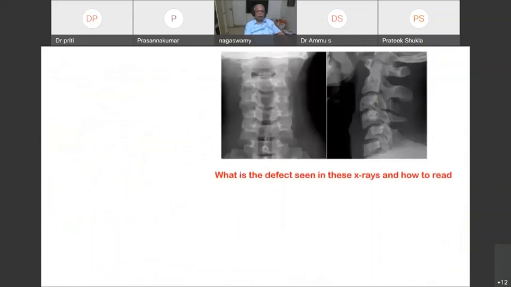The defect seen in these X-rays and how to read it. First of all, identify what these X-rays are. Which part of the body has been X-rayed?